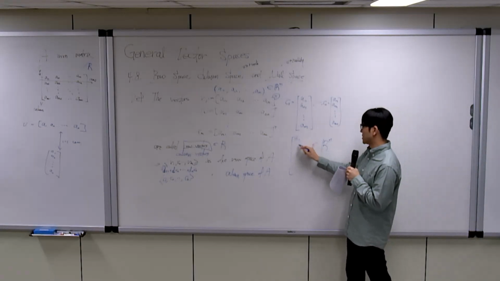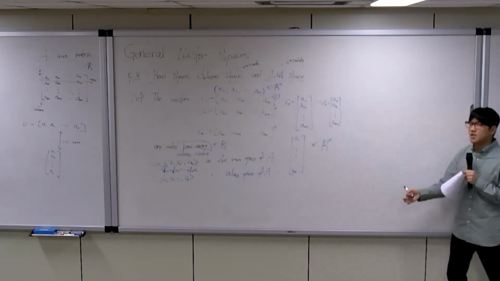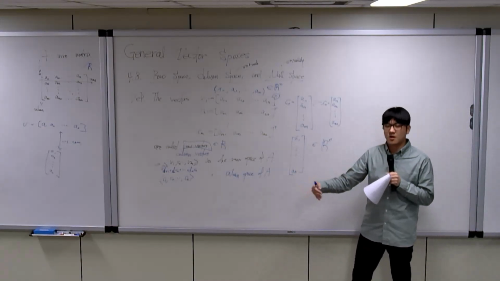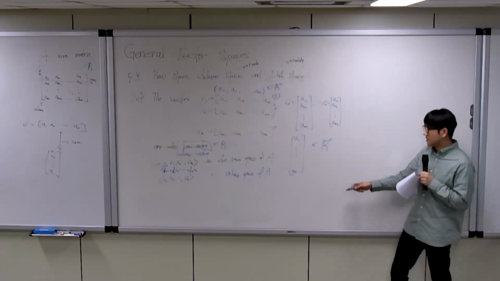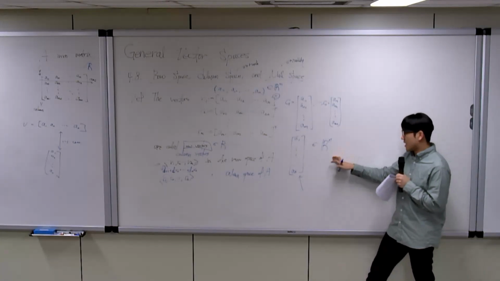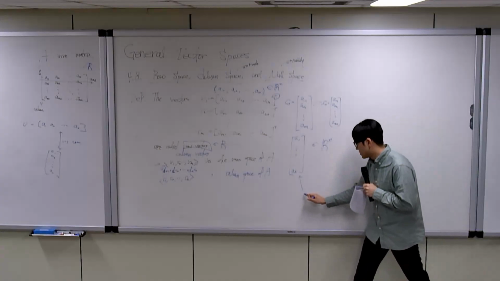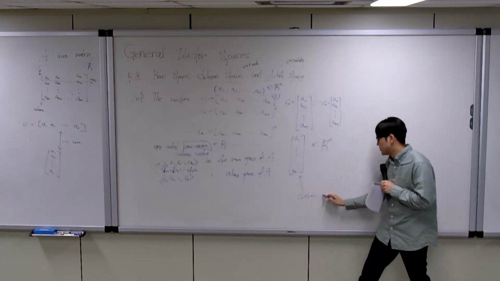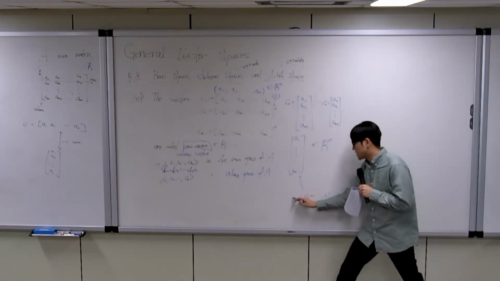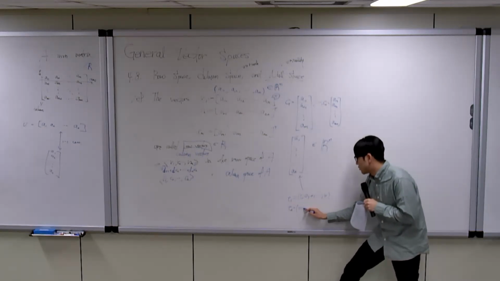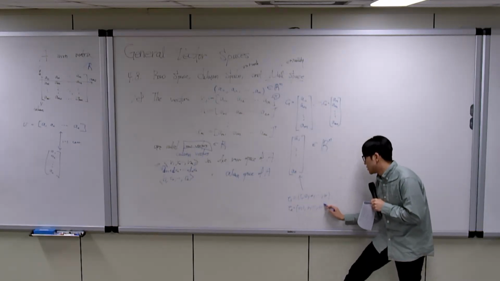Actually, it is an expression over a standard basis, and we defined the standard basis of R to the n as 1, 0, 0, 0 is e1, 0, 1, 0, 0 is e2.